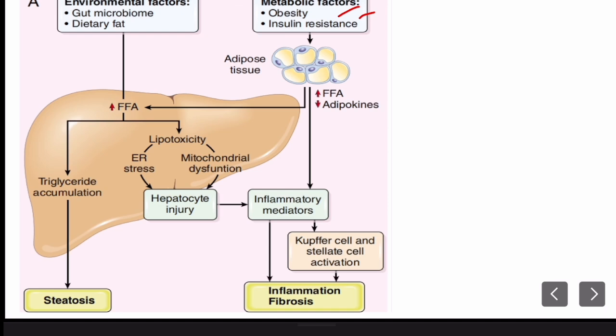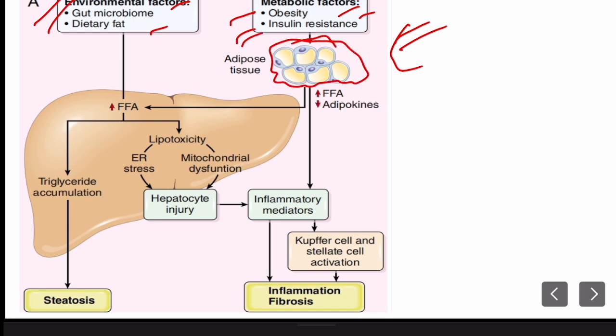Now this diagram from Robbins illustrates the pathogenesis of MASLD, and it has all the components that I already described. So there are cofactors, environmental factors like gut microbiome, dietary fat, and metabolic factors like obesity, insulin resistance, presence of these dysfunctional adipocytes, which are ultimately causing the increase in the free fatty acids.